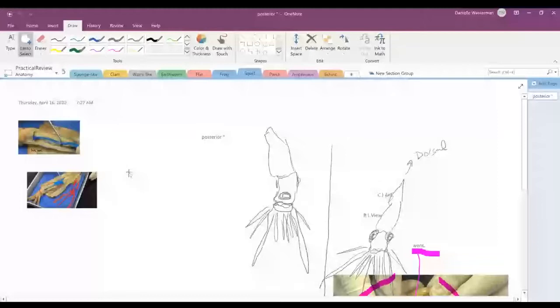Anterior is the opposite of this. This is the posterior, and this is where the siphon is. So the siphon is on the posterior. Female squid.